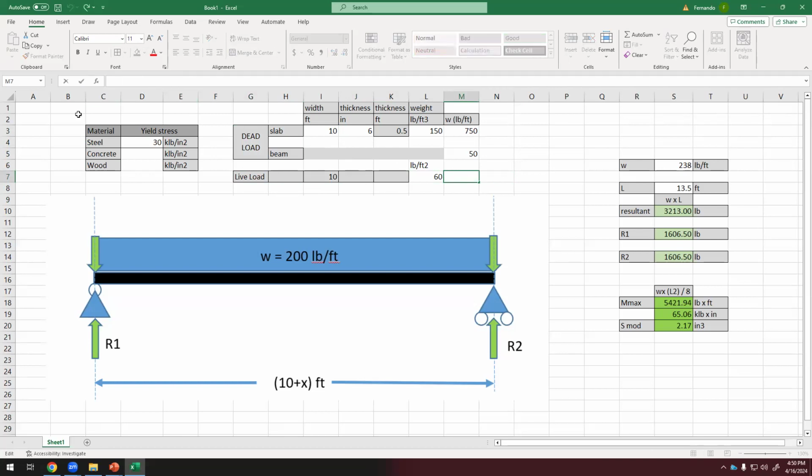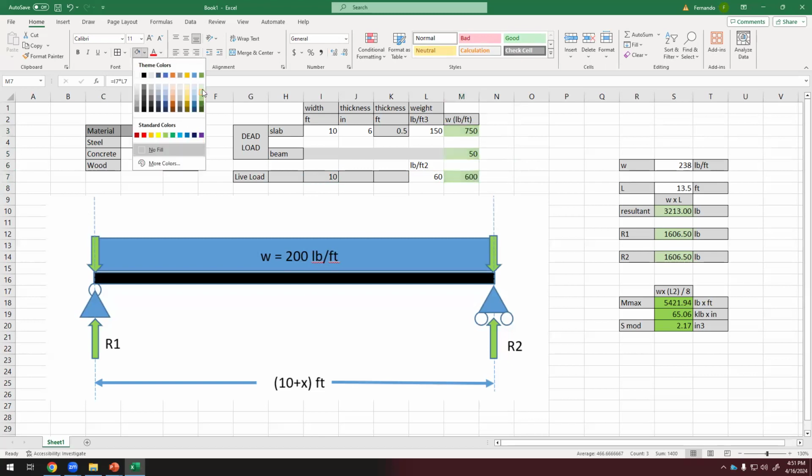That equals the width times the live load, 600. Okay, and now these are partial results. So I want to turn this into this light green.